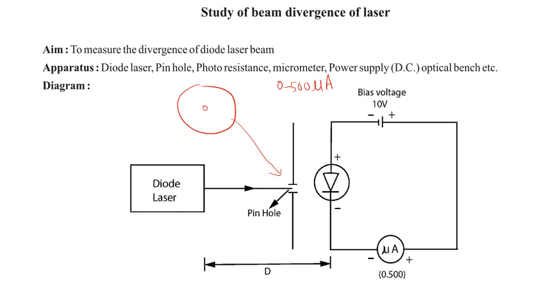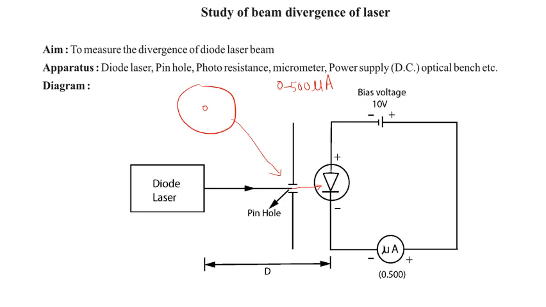So first of all I will explain the theory and practical, and at last I will show the photos of the actual experiment. So we have a diode laser which is incident on a pinhole. Through this pinhole the same light will get incident on this photoresistance.